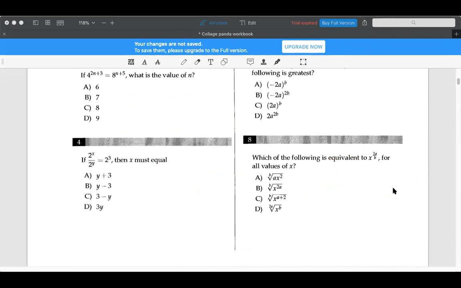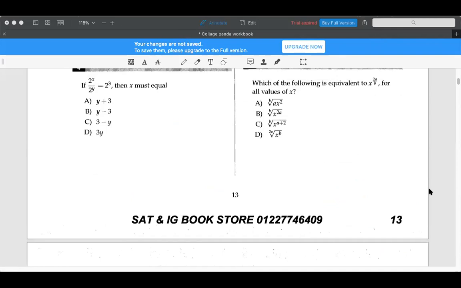Let's go on to question number 4. It's very simple. Yes, not finished yet?